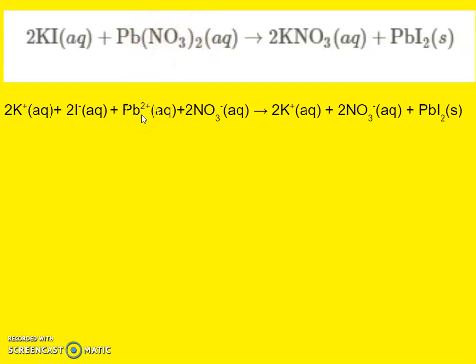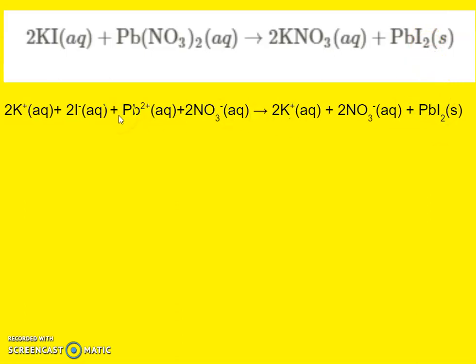That means our lead was 2 positive. Our nitrate is 1 negative, but there's 2 of them because of this subscript. Okay, so that's all the reactants. And then on the product side, you have 2 potassium plus 2 nitrate yields lead iodide.